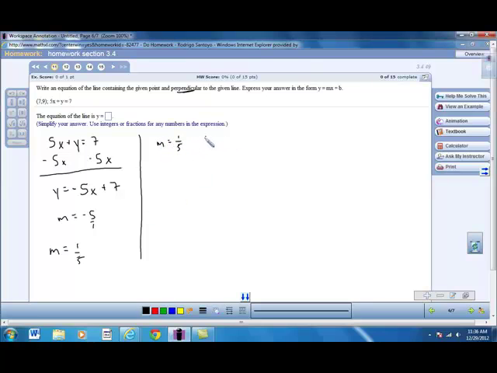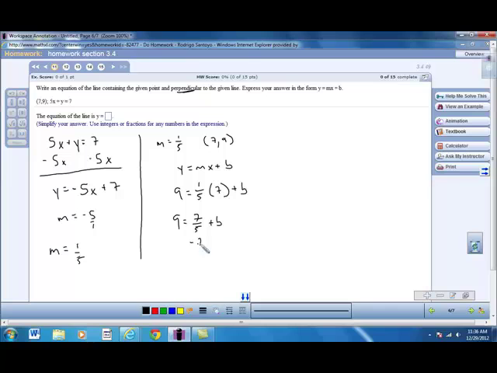And now I can use a point that they gave us, 7, 9. And now we can just do what we were doing the last two problems to find our b. Just plug this stuff in, find our b. 1/5 times 7 is 7 over 5 plus b.